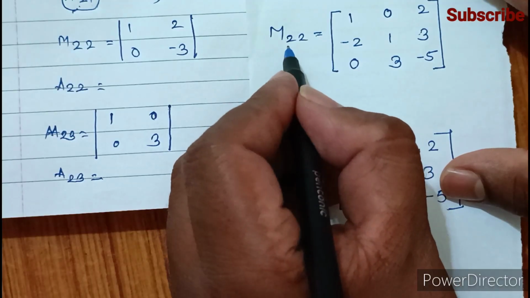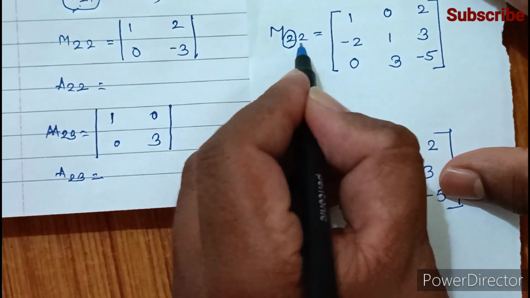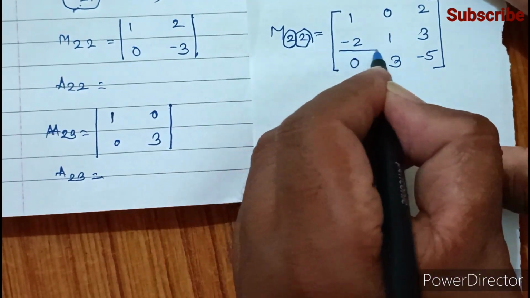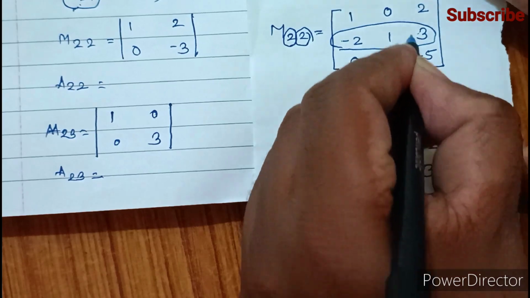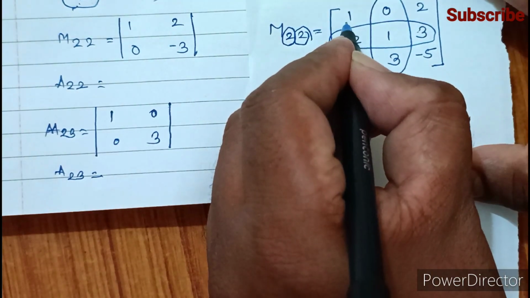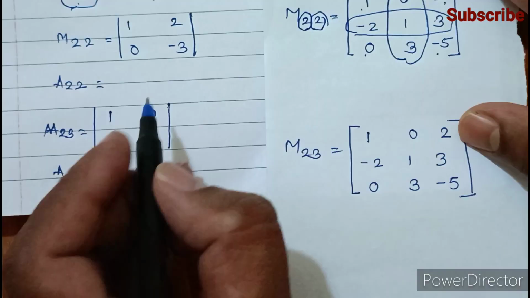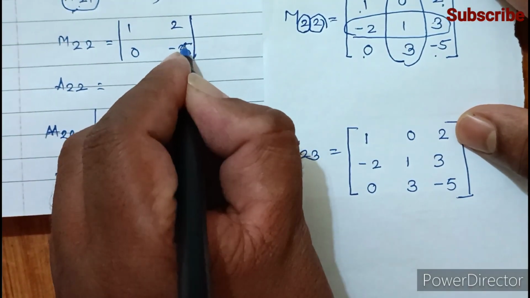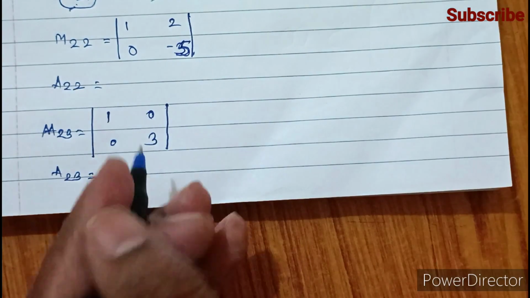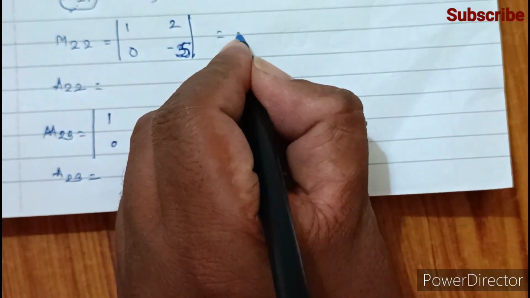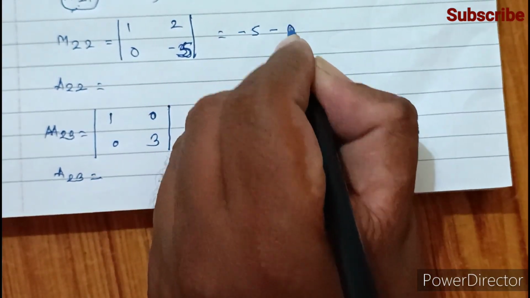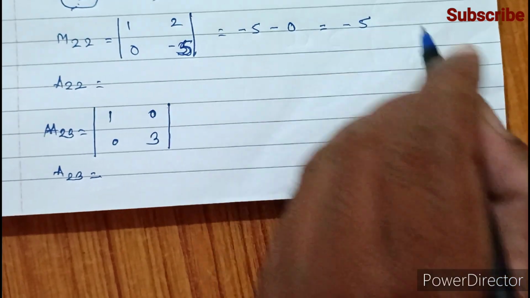Now we have to find M22 by eliminating the second row and second column. This is the second row and this is the second column. By eliminating, we get 1, 2, 0, minus 5 as the minor elements. On solving, 1 into minus 5 is minus 5, minus 0 equals minus 5.